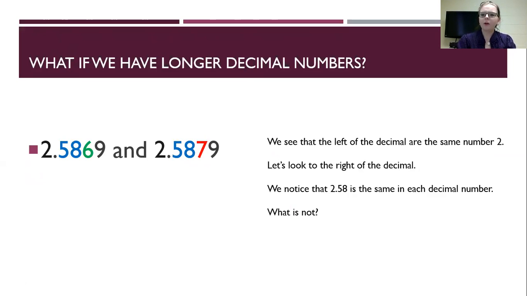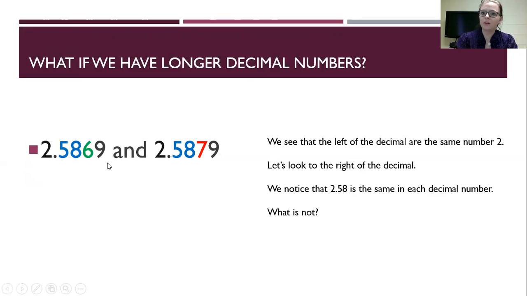But what about if we come into a decimal that has longer numbers in it? So say we have 2.5869 and 2.5879. Those are some pretty long numbers. Since to the left of the decimal the number 2 is the same, we have to go to the right of the decimal to identify which one is bigger and which one is smaller so we can order those. So we know that 0.58 is the same in both.